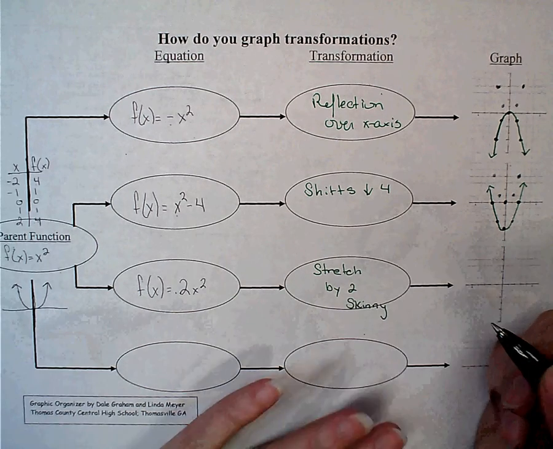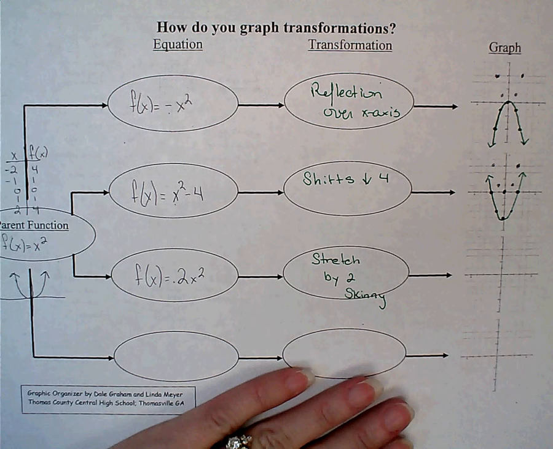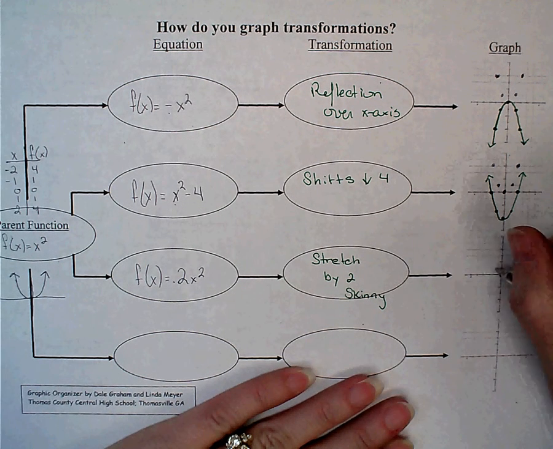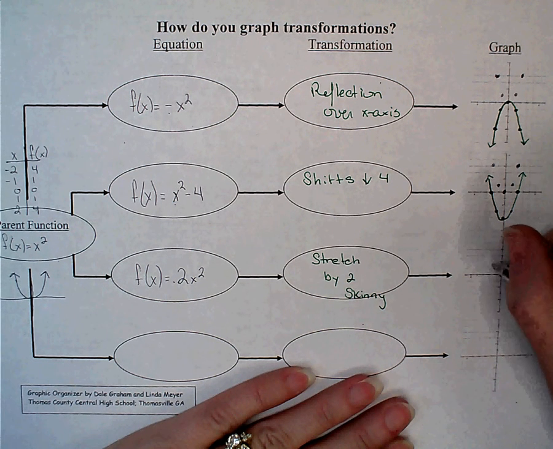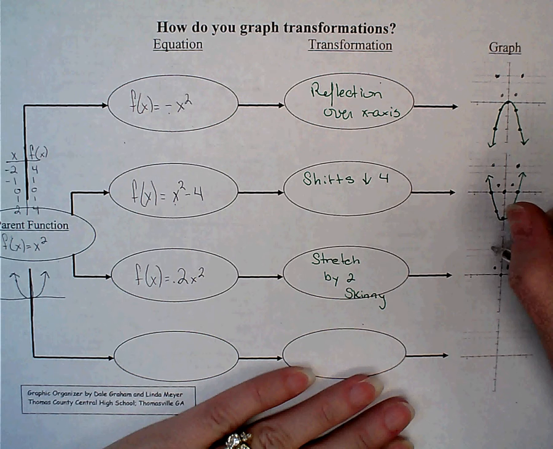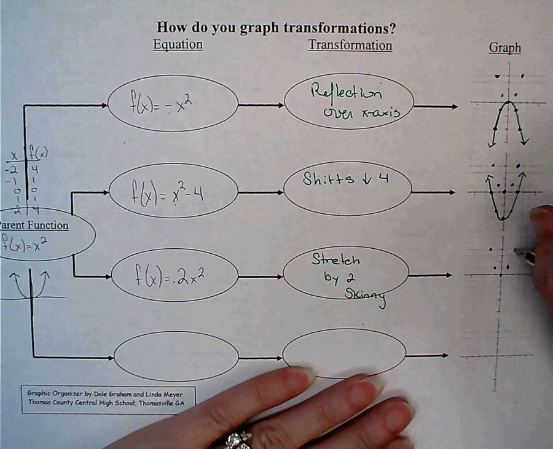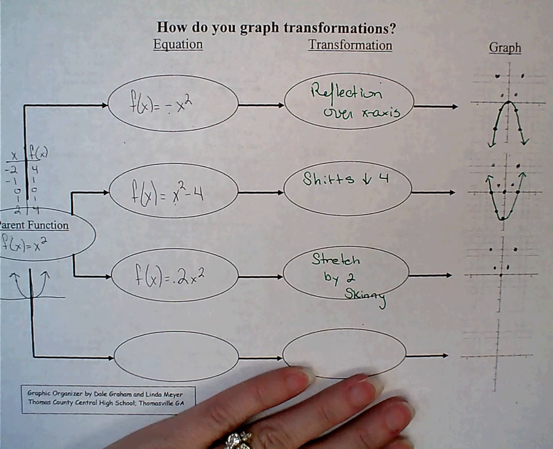So looking at this, we're going to come over here and we have 0, 0, negative 1, 1, 1, 1, 2, 4, and 2, 4. When I mean by skinny, my green line is going to go in between, my new function is going to go inside this parent function.